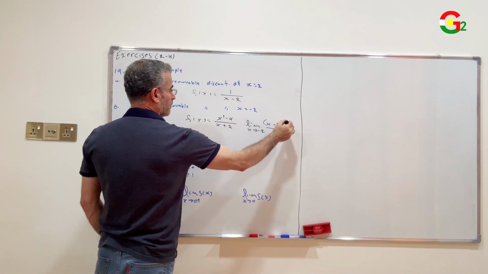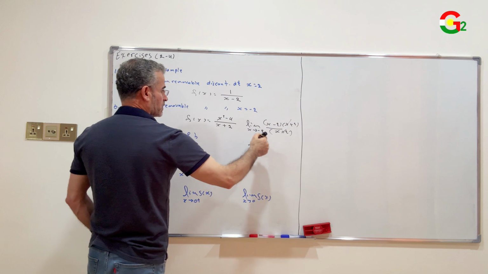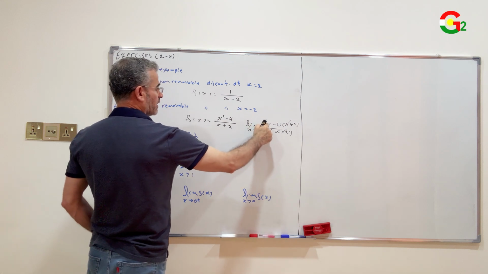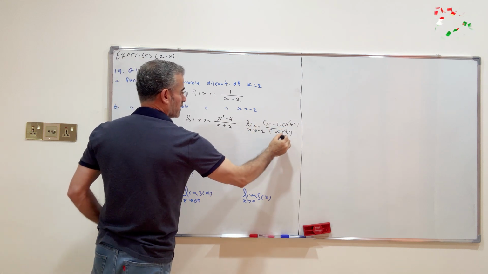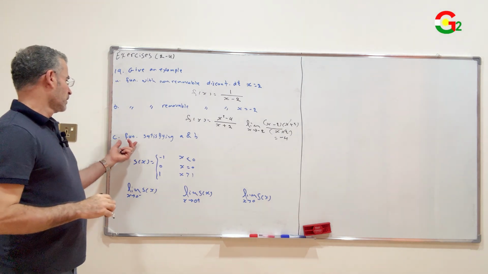Analyze the numerator, reduce x plus 2 with x plus 2, substitute every x with -2. The limit exists, therefore the discontinuity is removable.